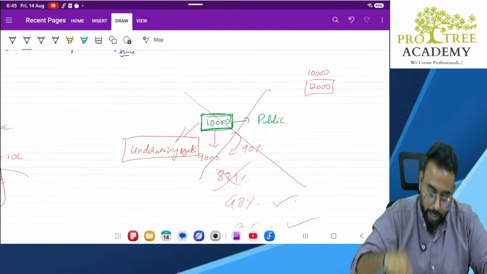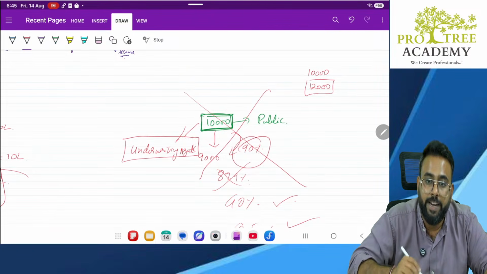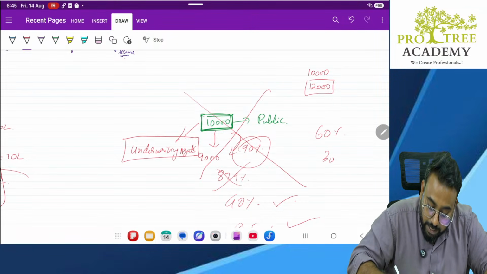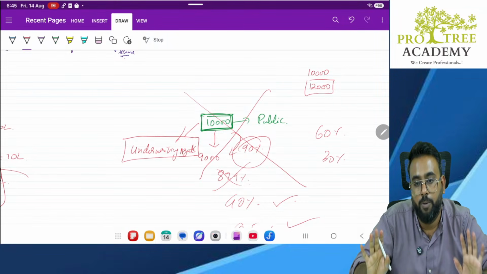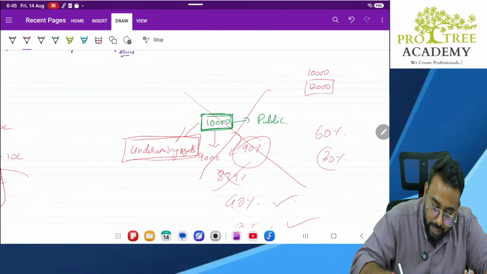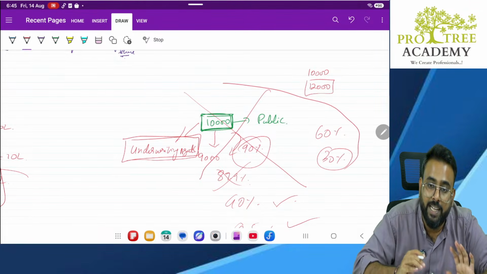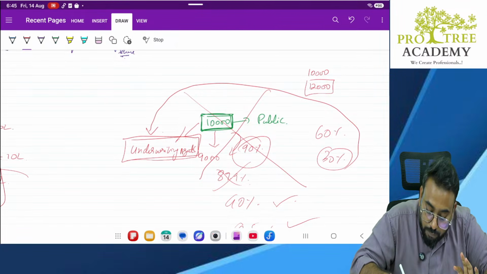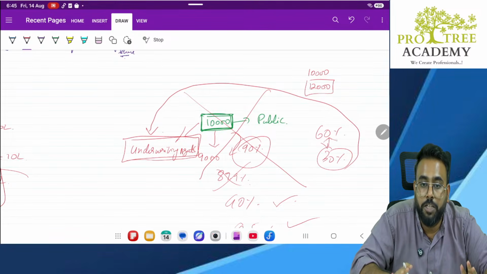If the public subscribes only 60%, then the remaining 30% I will subscribe. That 30% is subscribed by underwriting agents. Sir, is it mandatory to get underwriting agents? Yes. Why? Because if it doesn't get subscribed, your issue will get cancelled. That is why we take underwriting agents.